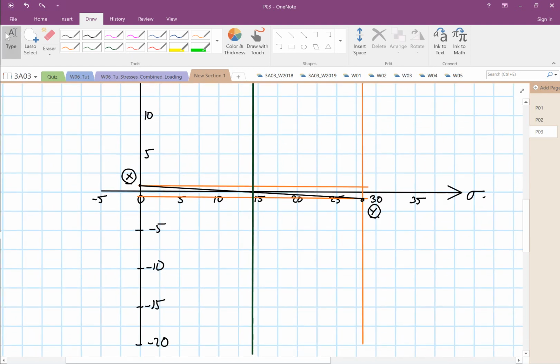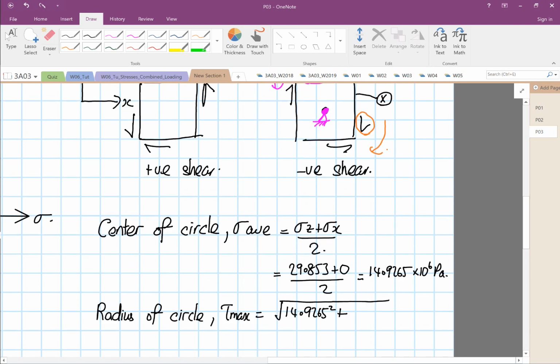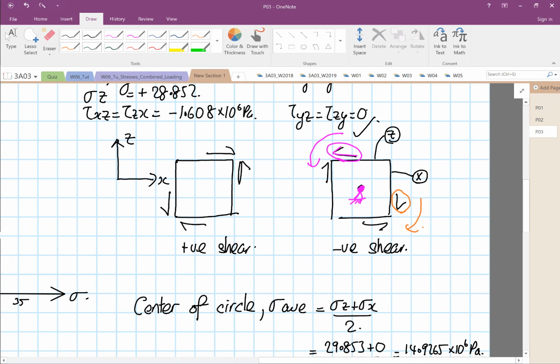So to find the radius, this is our radius. We know this height, we know this distance from here to here. So all we need to do now is the square root of 14.9265 squared plus the shear, which is equal to 1.608 squared.